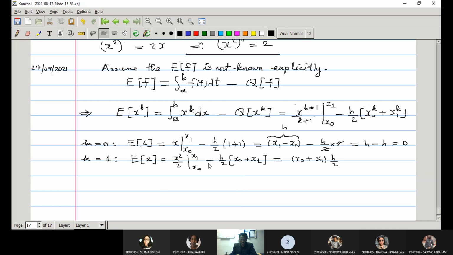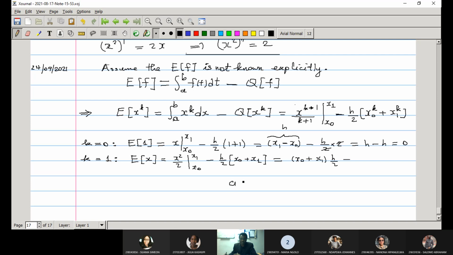Minus, oh, it's already in that form. Minus, so this factor I can permute, right? You can change the position.